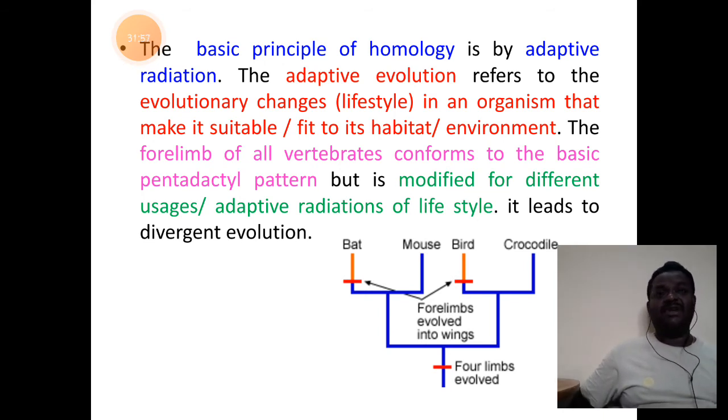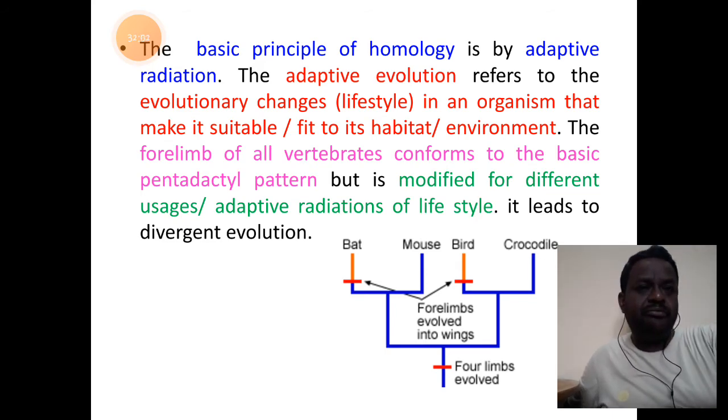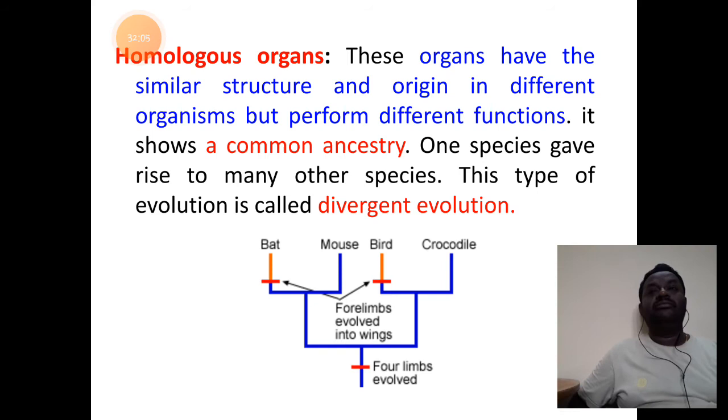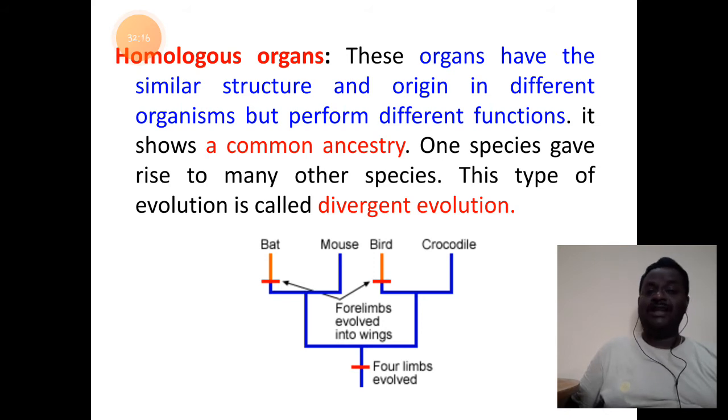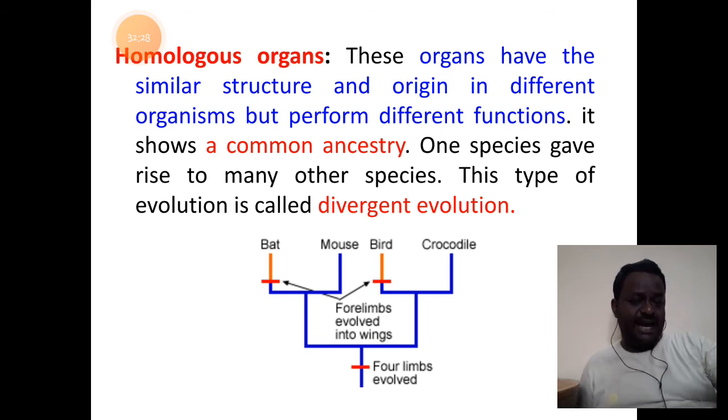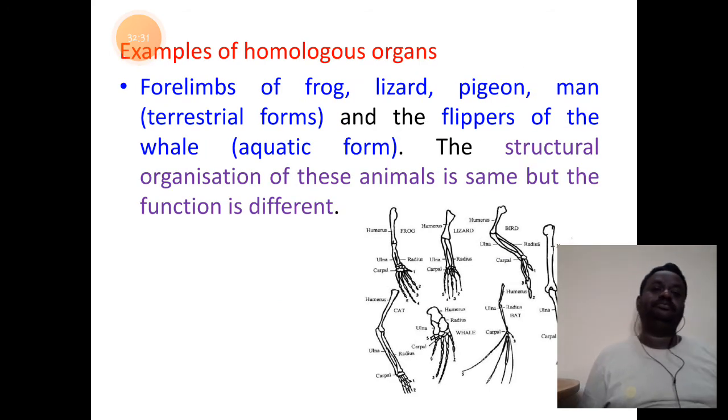So the definition of homologous organs: these are the organs that have similar structure and origin, but they vary in their functions. They show a common ancestor, and they show even different species formation, which we call divergent evolution.